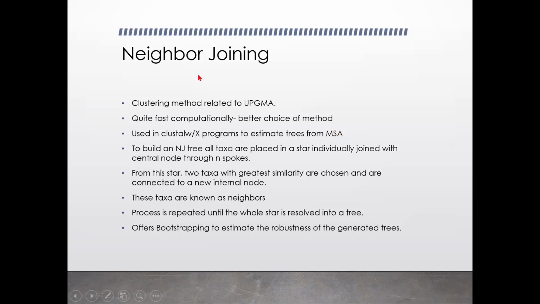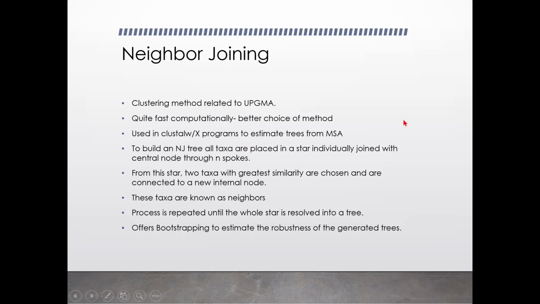This neighbor joining method is the algorithm which is used in the program Clustal Omega or Clustal X, which is used to estimate the phylogenetic trees from the multiple sequence alignments produced by Clustal Omega. To build a neighbor joining tree, all the taxa that are being studied are placed in a star, individually joined with a central node through n spokes.